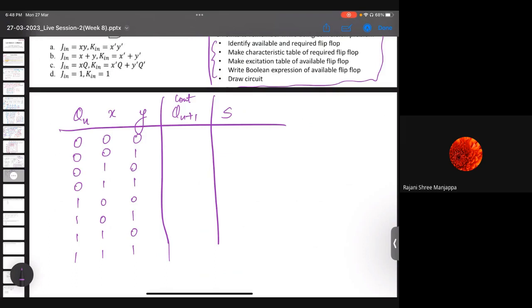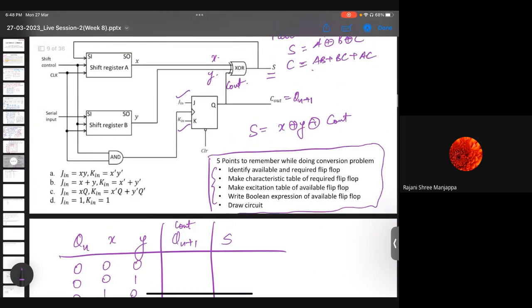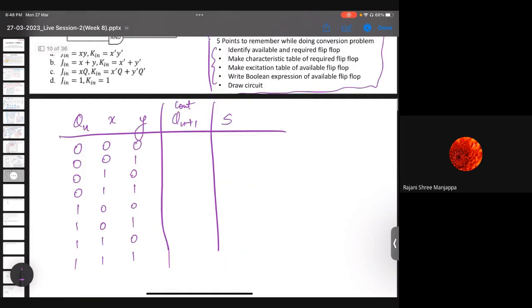We know C out is nothing but Qn plus 1, and we know the relation for C out for the circuit, so we'll add accordingly. C out will be 0, and then this carry is also 0, 0, this is 1, this is 0, this is 1, even this is 1. Is it clear how I have generated the carry?